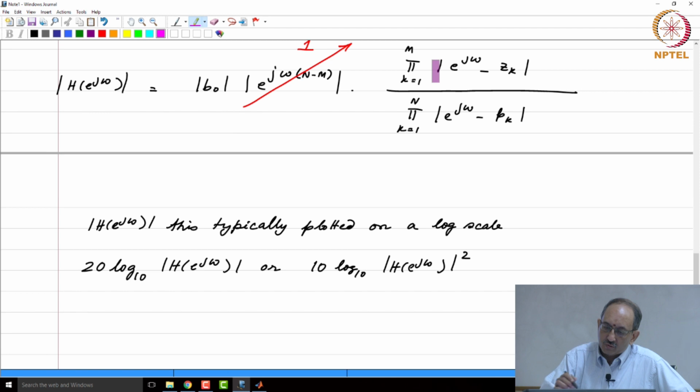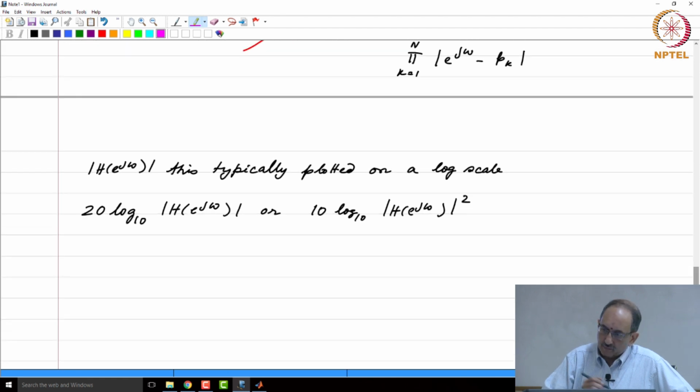So, we will focus on this, and we have already seen what this can be interpreted as geometrically.